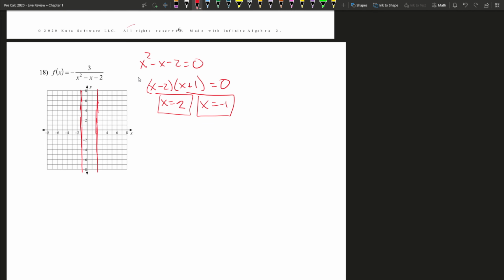Just like the one above, our numerator degree is less than our denominator, so we have a horizontal asymptote.